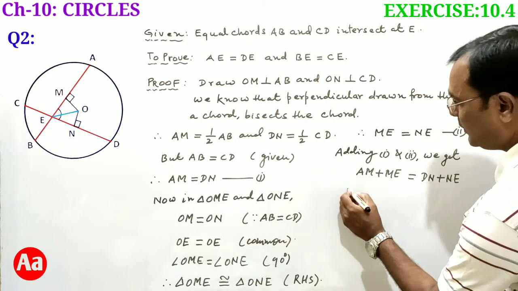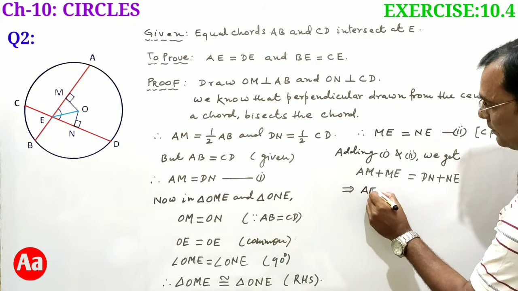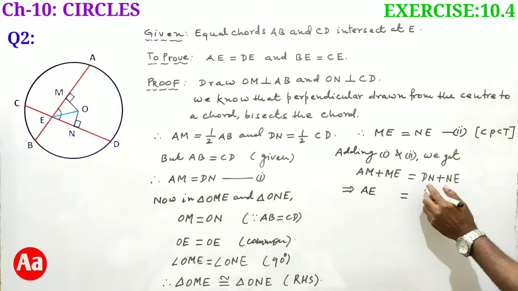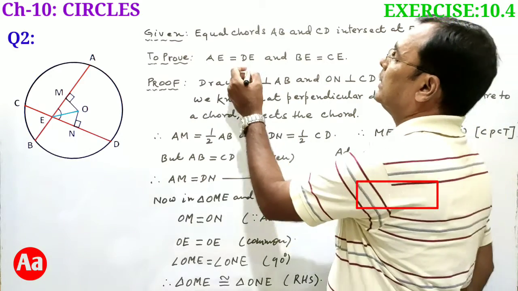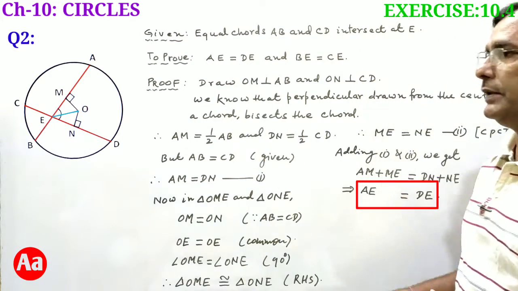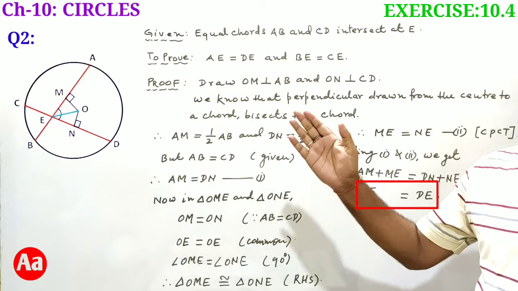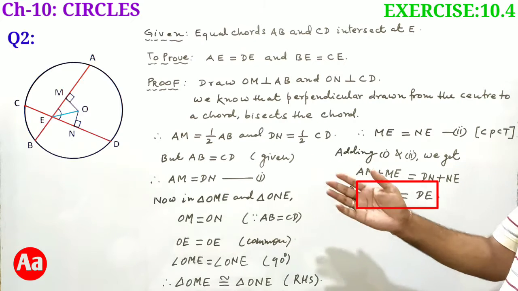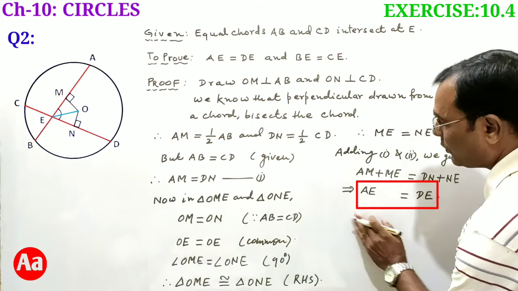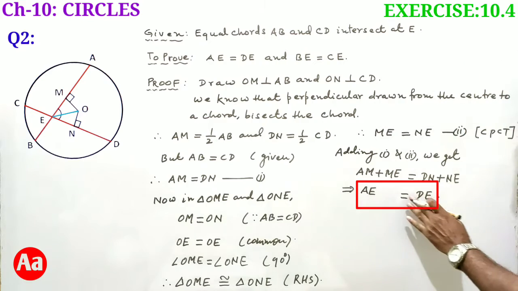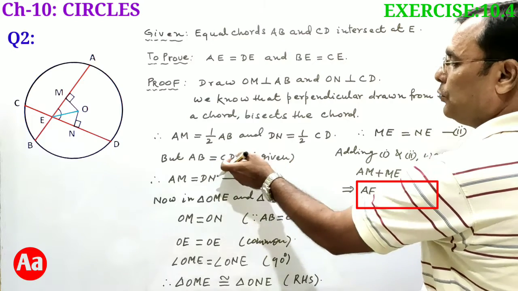AM plus ME is equal to AE, equal to DN plus NE, which is DE. So AE equal to DE we have proved. One pair of corresponding segments of chords AB and CD we have proved equal. Now we are going to prove BE is equal to CE. AE equal to DE we have proved, and AB is equal to CD.